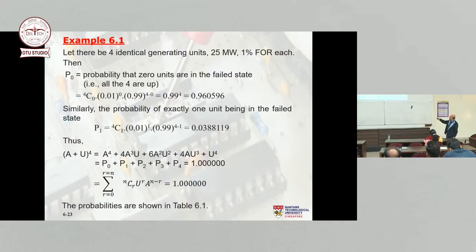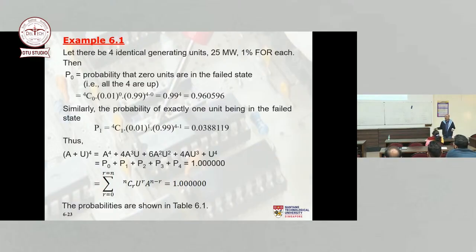So let there be 4 identical generating units, each 25 megawatt, and the forced outage rate is 1% for each of them. So the probability of 0 units in the failed state is 4Cr, remember nCr, U to the power of r, and A to the power of n minus r. So you just put those numbers in, you find that this is the probability that 0 units are in the failed state.